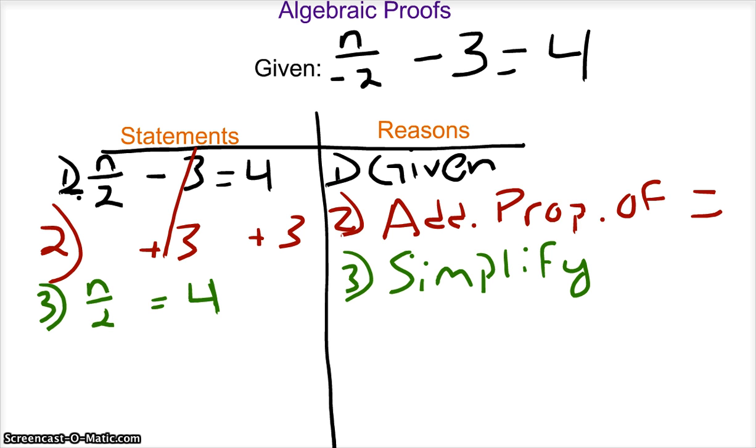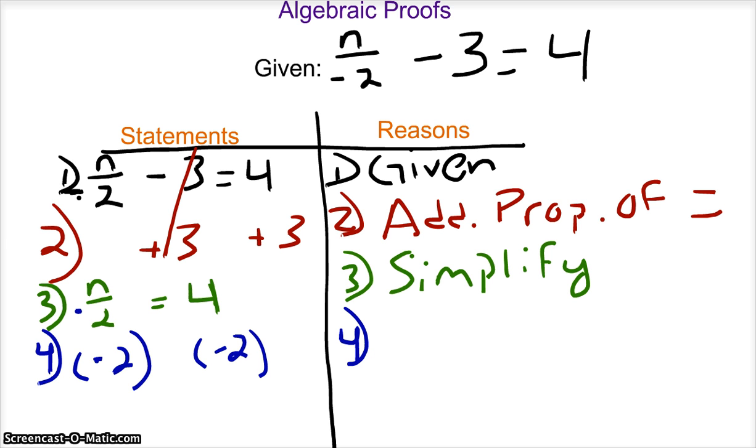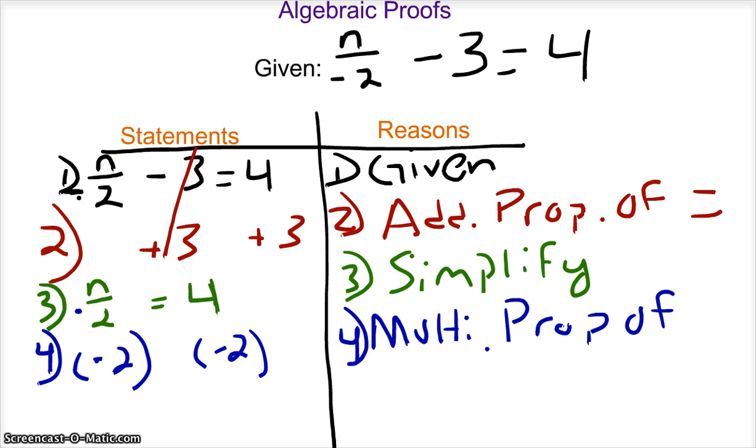Then step 4. Oh, this must be -2. So I'm going to multiply by -2 on both sides. So my reason would be multiplication property of equality. So I would be left with n equals -8.